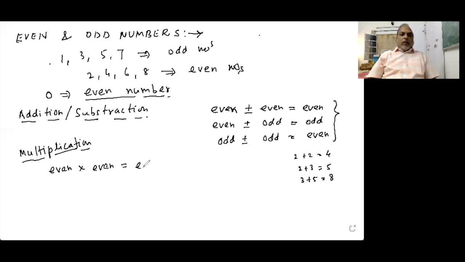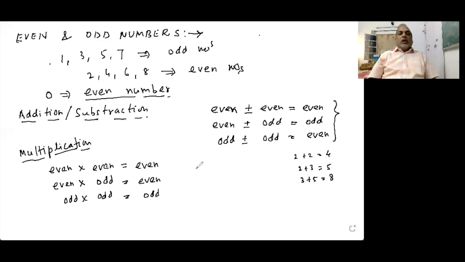You will get even number. If you multiply even number with odd number, what you will get? Again, even number. And if you multiply odd with odd, then you are going to get only odd.